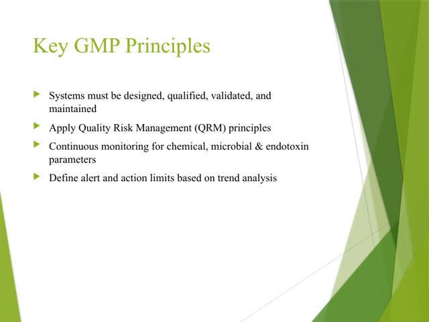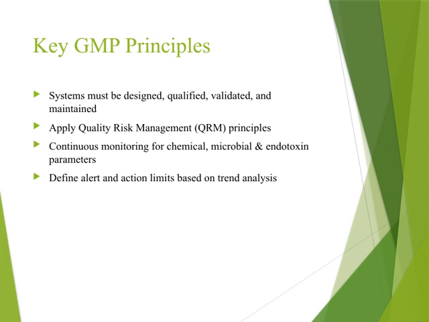It allows us to proactively identify and mitigate potential risks to quality, which is vital for maintaining high standards. We also need continuous monitoring of critical parameters like chemical, microbial, and endotoxin levels. This ongoing oversight helps us catch any deviations early before they impact the final product.